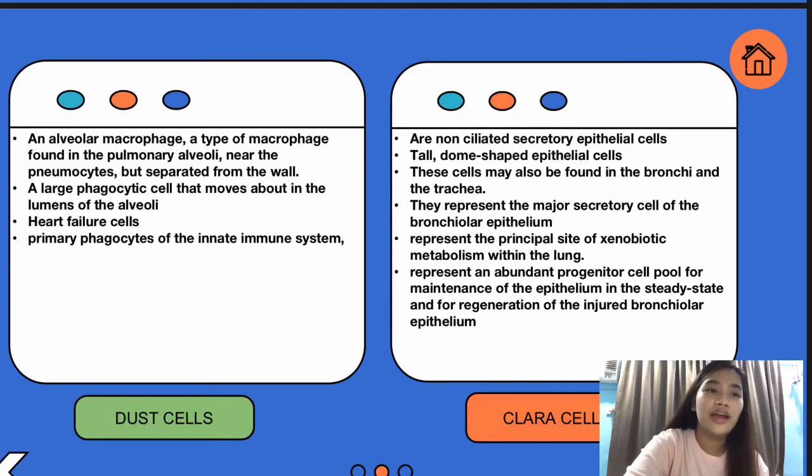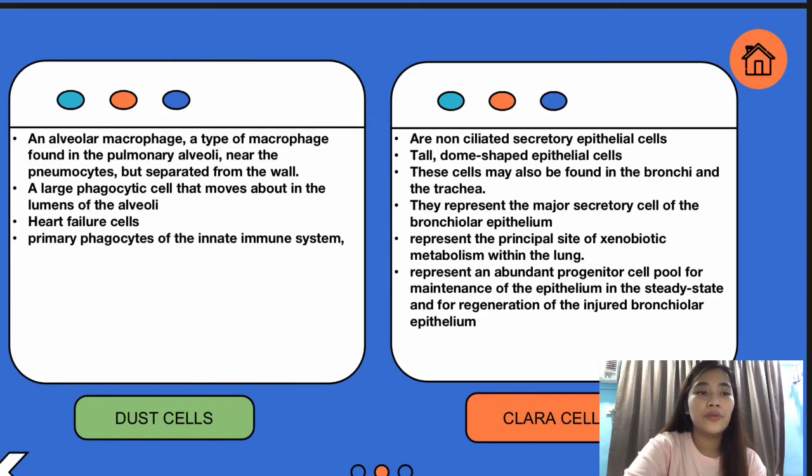On the other hand, the Clara cells are non-ciliated secretory epithelial cells lining the pulmonary airways. Its structure is tall, dome-shaped epithelial cells. These cells may also be found in the bronchi and the trachea. They represent the major secretory cell of the bronchiolar epithelium, where they contribute non-mucinous secretory proteins to the extracellular lining fluid.